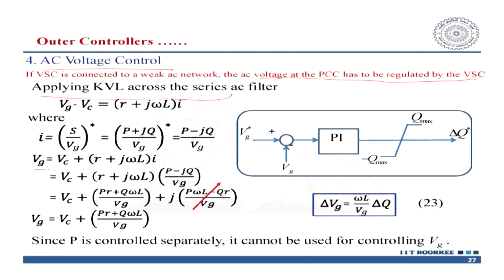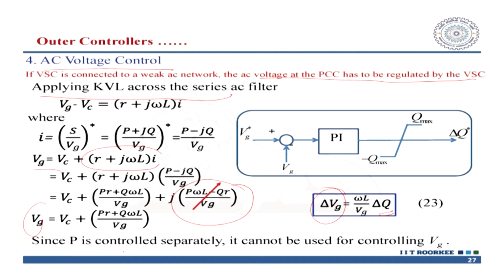So, Vg will be given by Vc plus R plus j omega IL, and from there Vg will be Vc plus PR plus omega IL, because this part is required to be nullified. We want zero reactive power to be supplied, and thus the change of the grid voltage will be omega L by Vg by Q. In that way, reactive power will be injected.